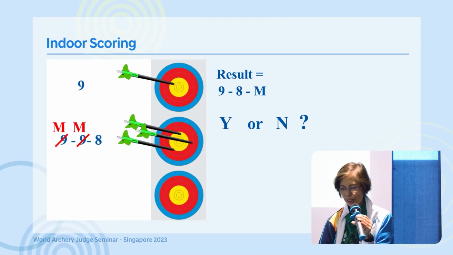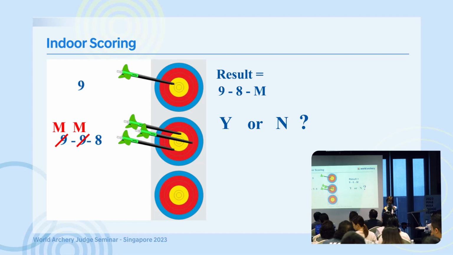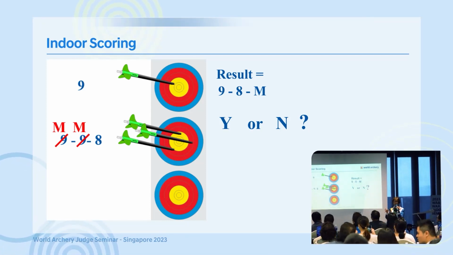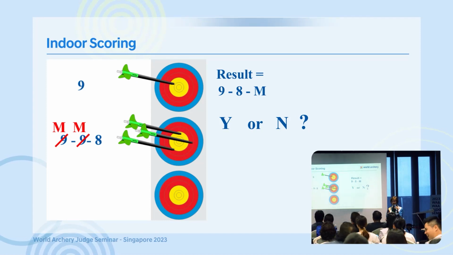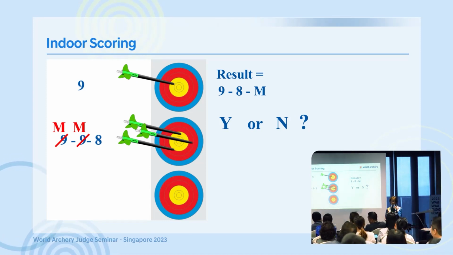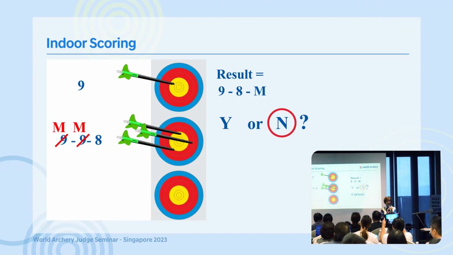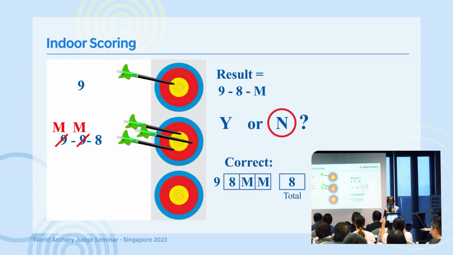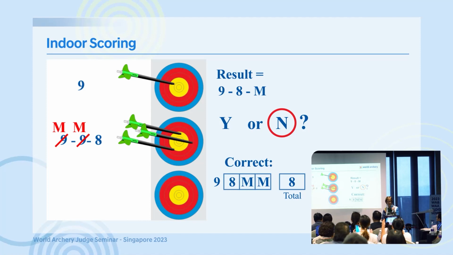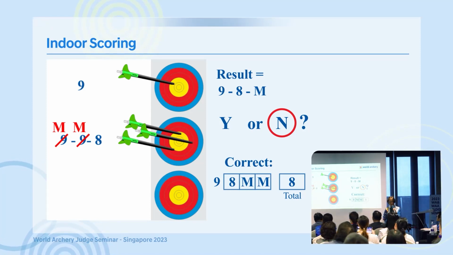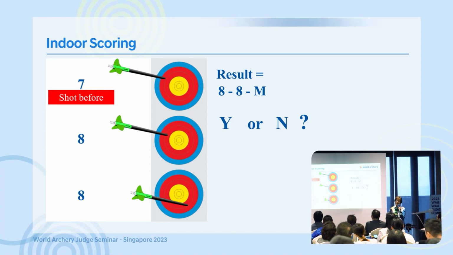And next one. One arrow on top, three in the middle, none below. Is that correct? No. What is correct? Very good. 8 mm. Here's the next one.